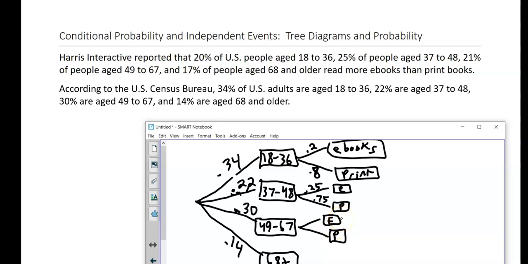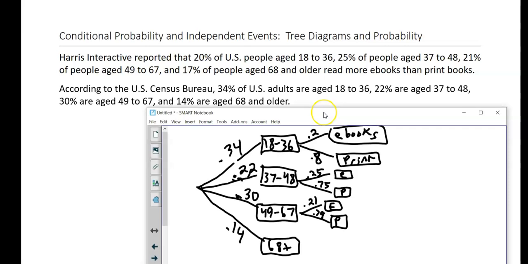The next age group is 0.21 ebook, which means 0.79 is the other one. And the last one is 14% ebook, so 0.14, which means 0.86 is the print.